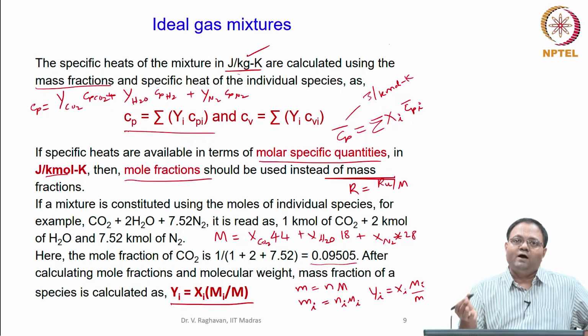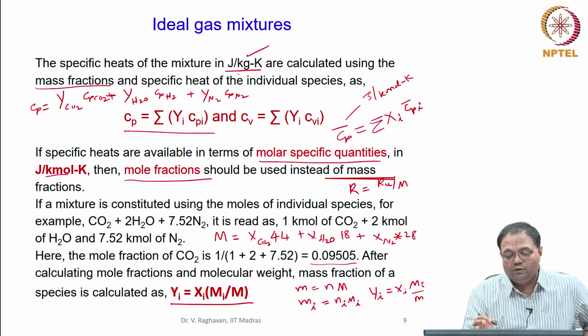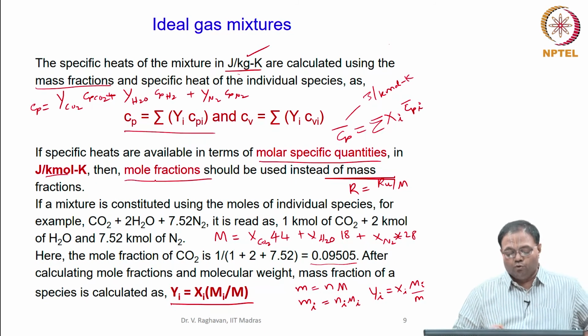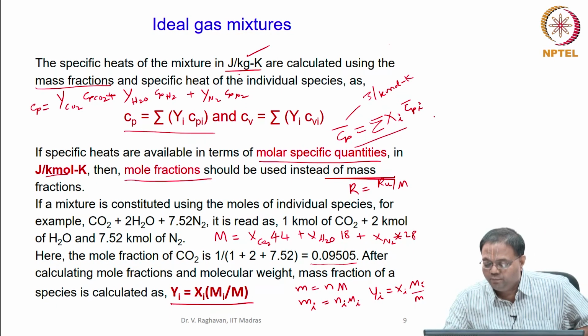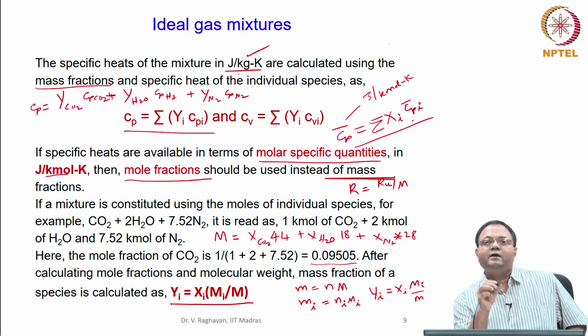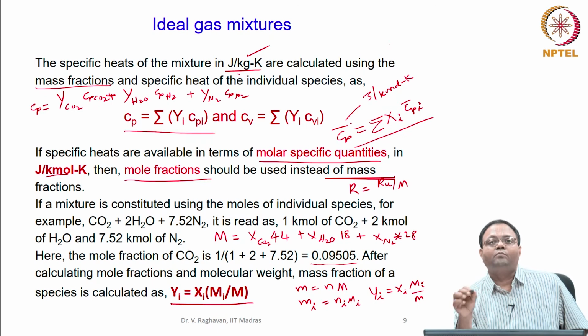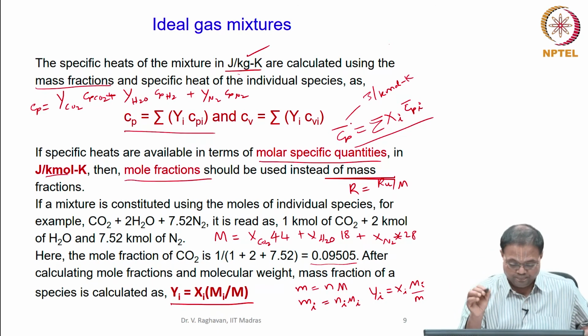But on the other hand, if you have molar basis, for example joule per kilomole Kelvin, then mole fractions have to be used instead of mass fractions, and you get Cp bar equal to sigma xi Cpi bar, where this overhead bar represents that it is a molar based quantity.